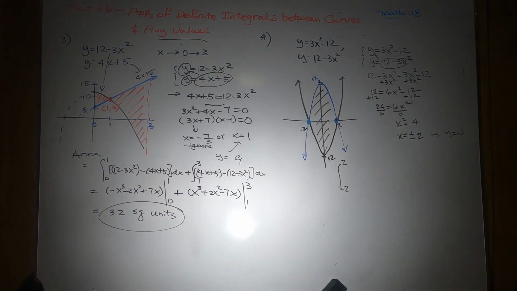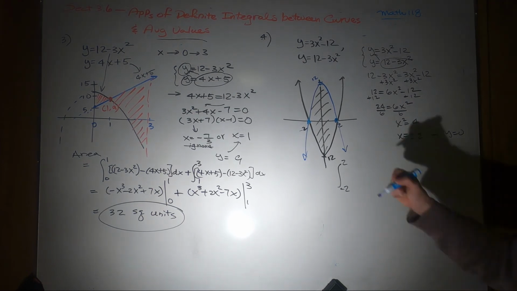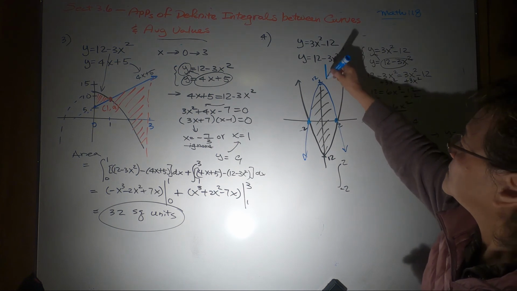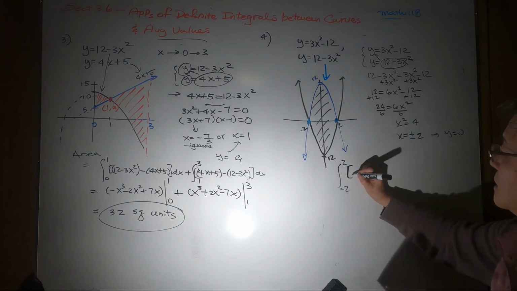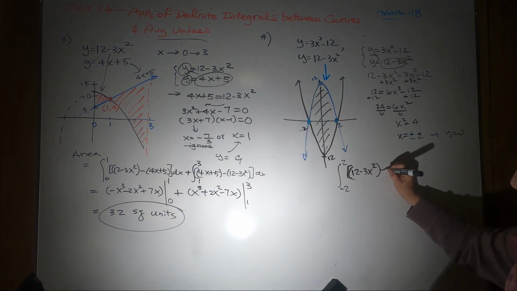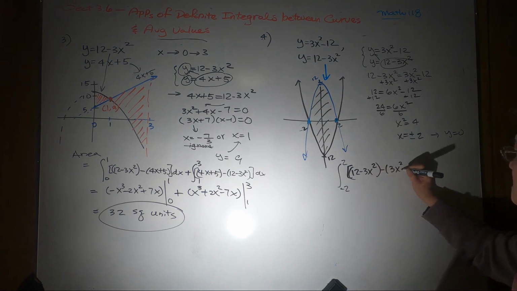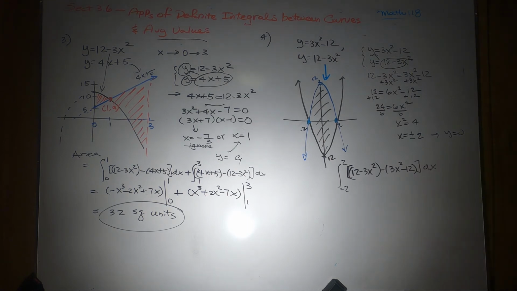The blue one is the open down one, that would be this one. So you will do 12 minus 3x squared minus 3x squared minus 12 dx.